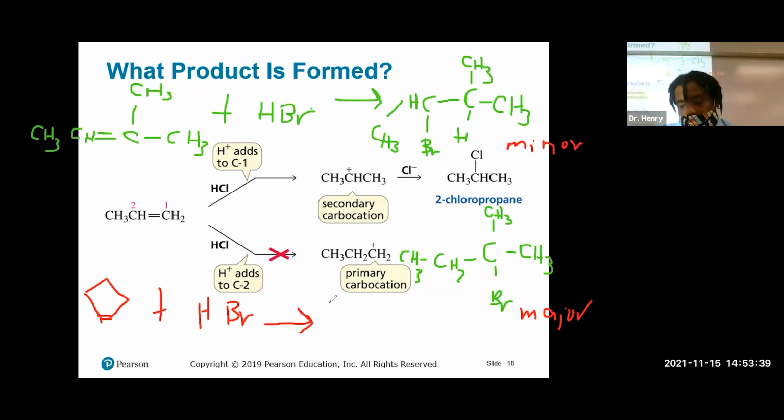Two. How many products are we going to get? Or what are the potential products? How many products will we get? Which one's going to be favored?